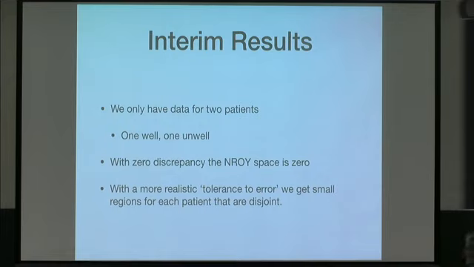So we went back to them and explained what we were doing in a little more detail and showed them the results, and they said, yes, but the model has a hard boundary at the top, so it's not a terribly good model. So we changed that. And they gave us a discrepancy, and with a more realistic tolerance to error, we get small regions for each patient that are separate. So we can separate the ill patient from the healthy patient.